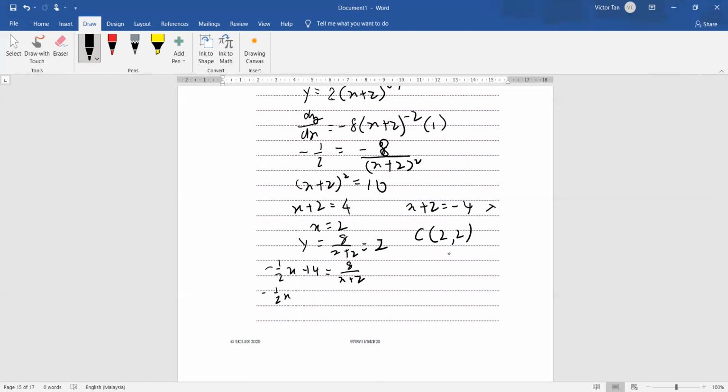I think that was a bit too fast. Minus half x plus 4, times (x plus 2), equals 8. So you have minus half x squared plus x plus 4x, which is plus 3x, plus 8 equals 8.